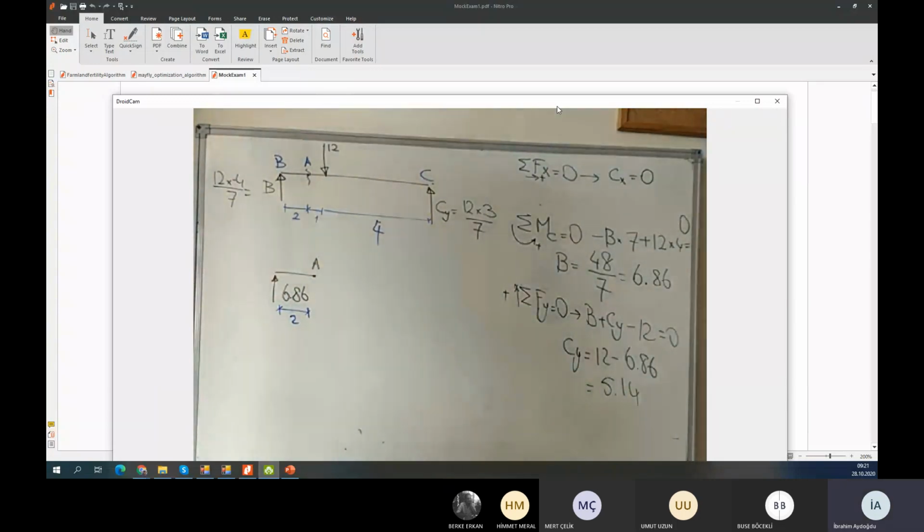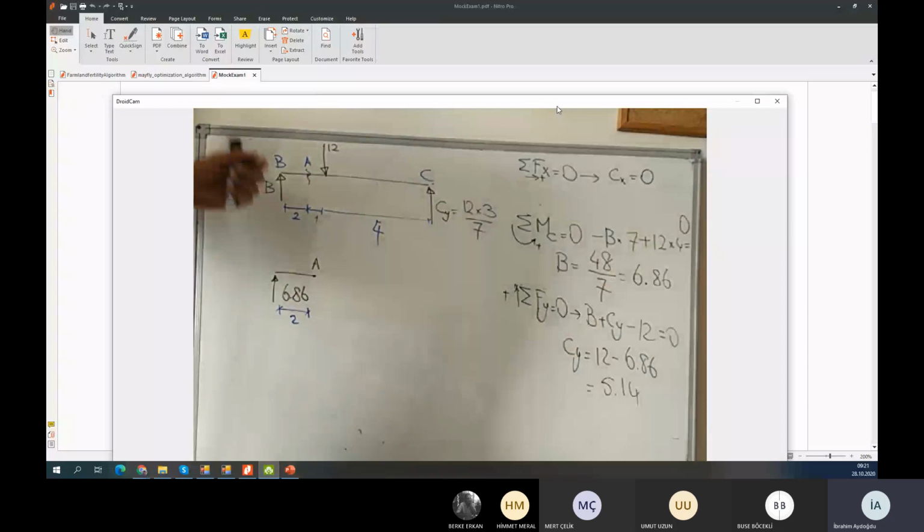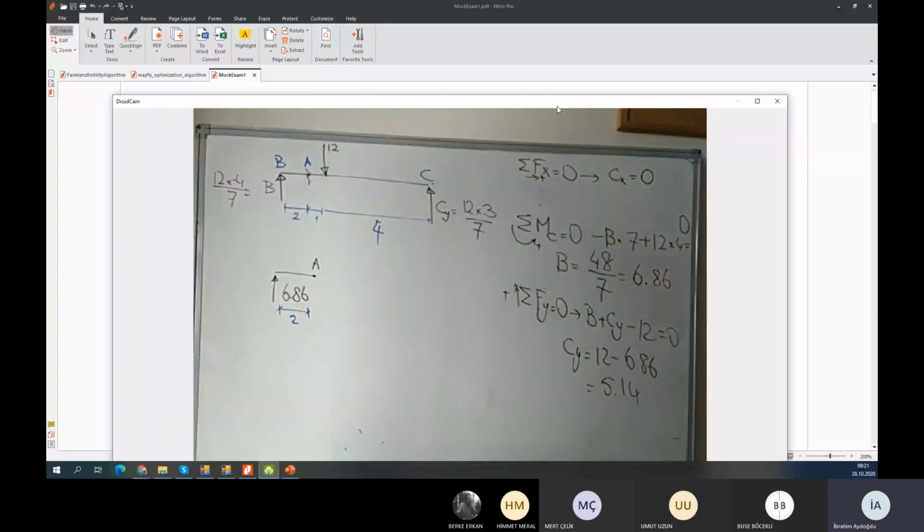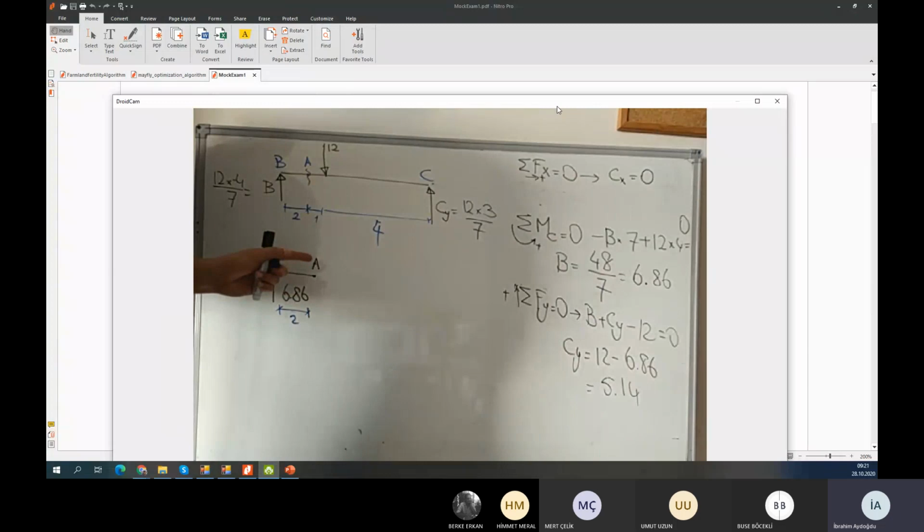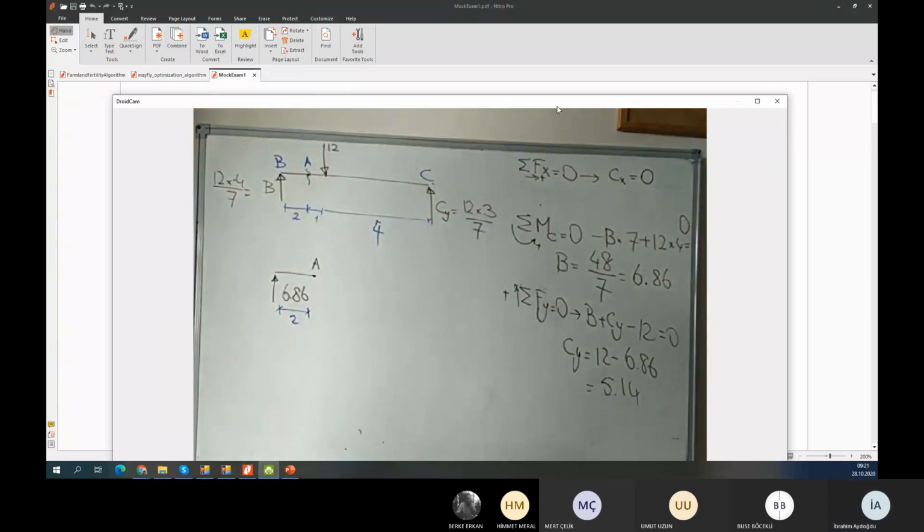So I need to write which? Is that enough for the free body diagram, do you think? No. I need to write the internal forces or moments. How many internal forces are on the beam? Do you know this? 1, 2, 3. Does anyone know? Silence again.